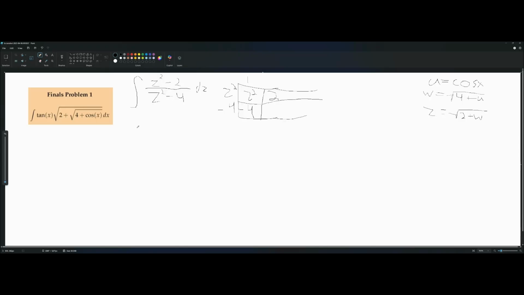So now our new integral is 1 plus 2 over z squared minus 4 dz. Let's rewrite that.